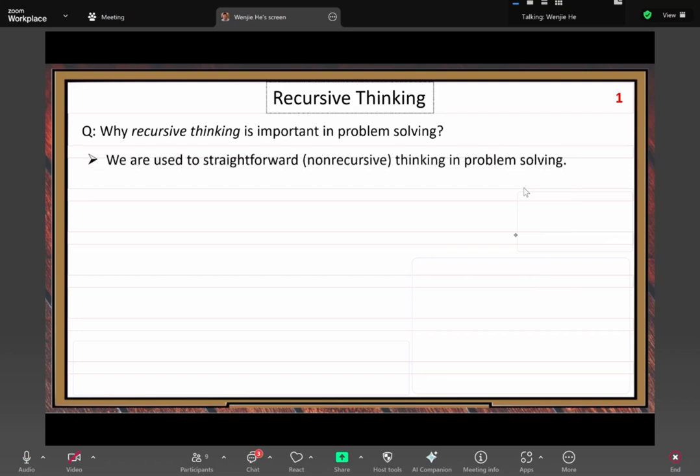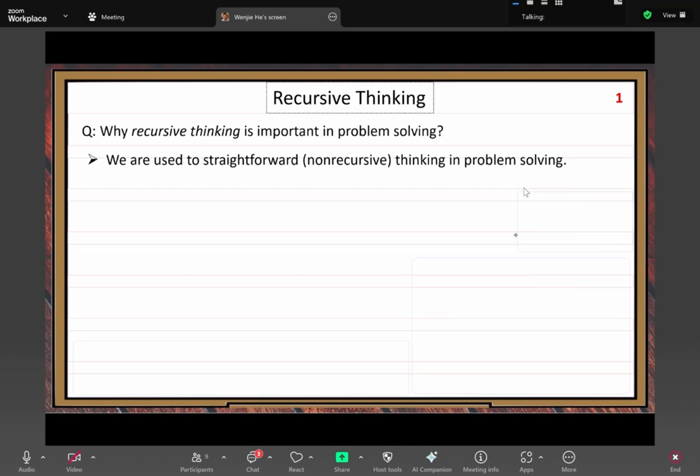If you do not have training in recursive algorithms, usually people are used to straightforward thinking. You work on the whole problem directly. That's the straightforward thinking.